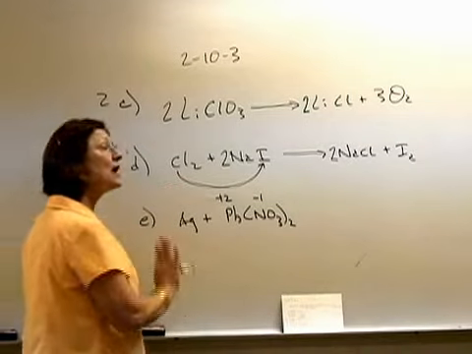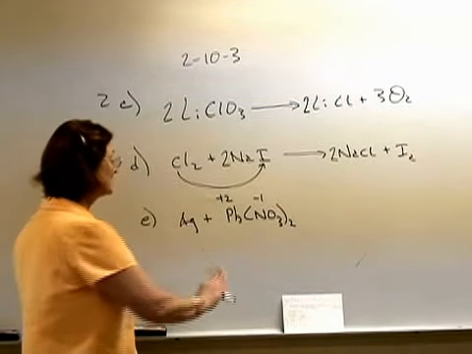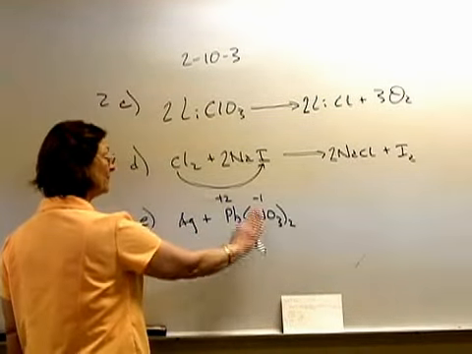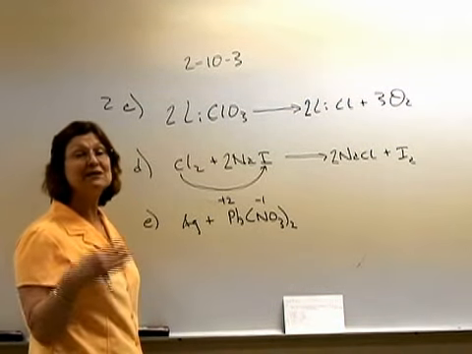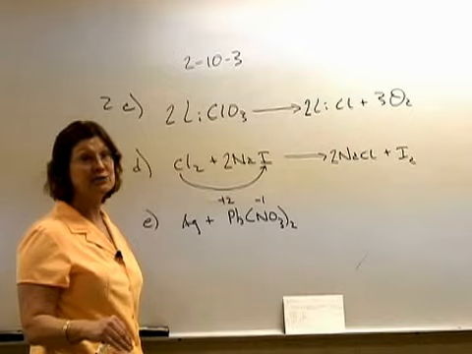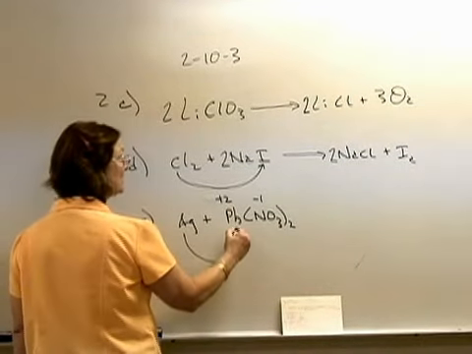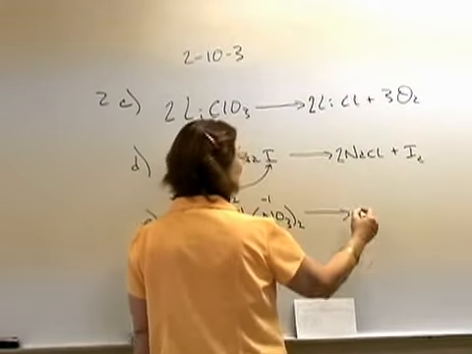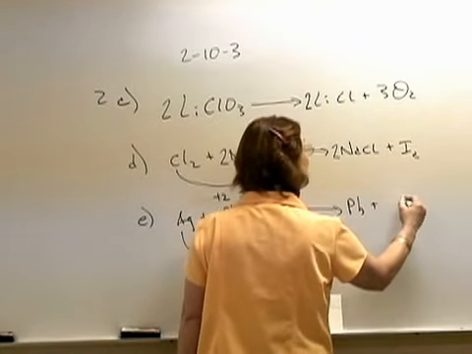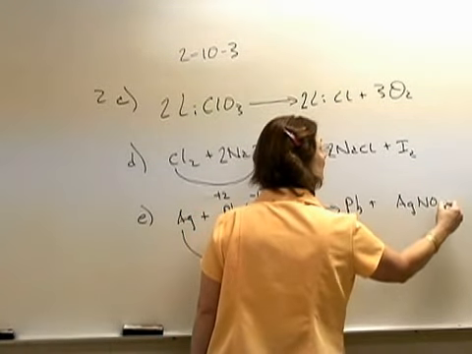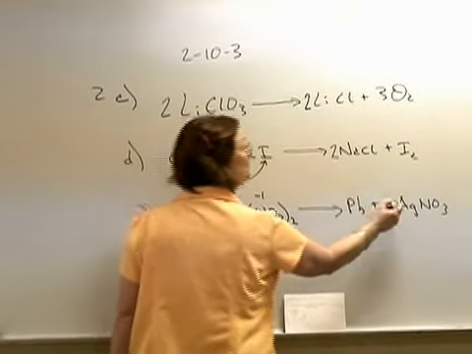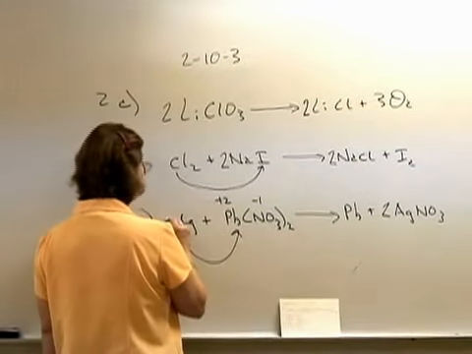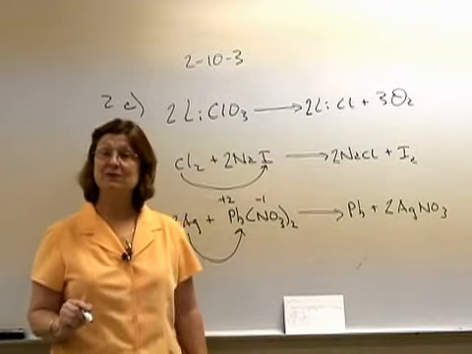This is another type of single displacement because I have an element plus a compound. Silver is a metal and it will displace the metal, or the positive position, and sometimes that's hydrogen. But in this case it is a metal, and therefore I get lead plus silver nitrate. Now I have 2 nitrates here, therefore I must put a coefficient here and a coefficient here, and then that one is balanced.